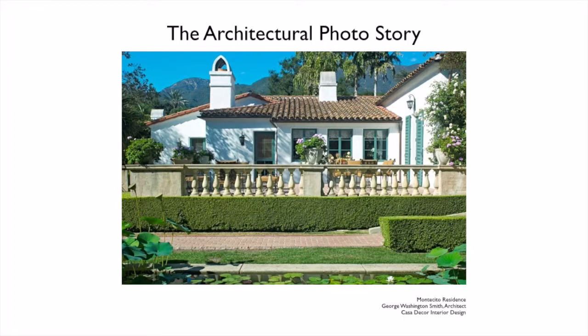This is a house designed by George Washington Smith. He's an architect working in the Santa Barbara, Montecito area from the 1920s or thereabouts. It's a beautiful house with great grounds. It was actually designed for the son of a very wealthy family who was handicapped and could only get around in a wheelchair.